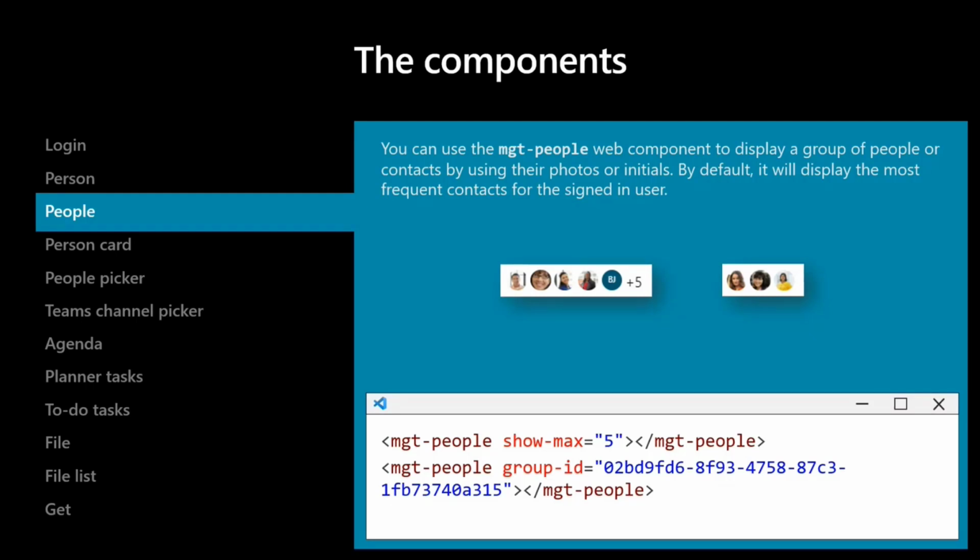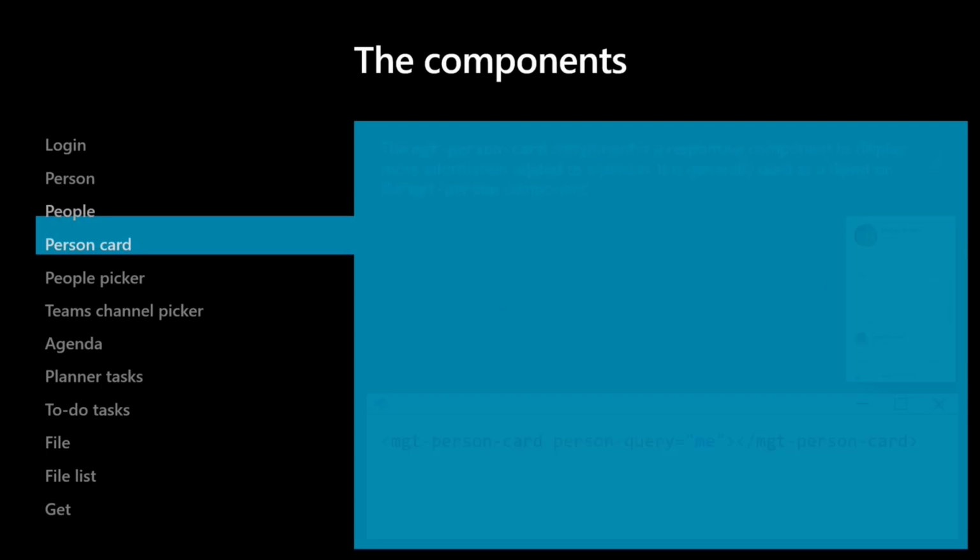This should be a good scenario for you. Or you want to see all the persons in your organization. Well, you can just add a group or even the entire org to see all of them right there. Very customizable. You can use the MGT-people component. You drop it in and automatically you can work with this.